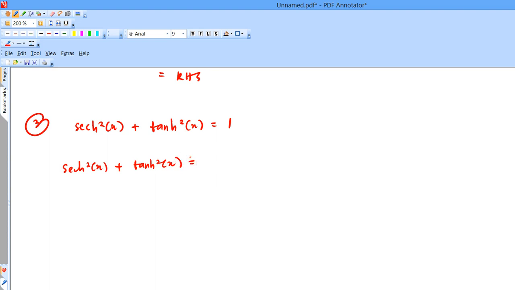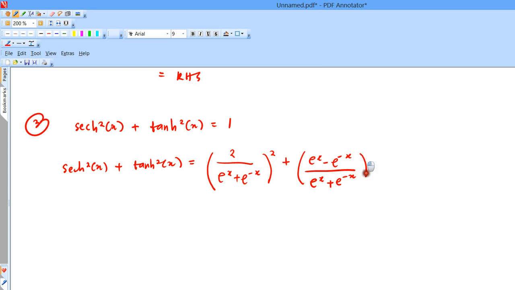You can substitute secant square x equal to 2 over e power of x plus e power of negative x, square, plus hyperbolic tangent square equal to e power of x minus e power of negative x divided by e power of x plus e power of negative x, square.